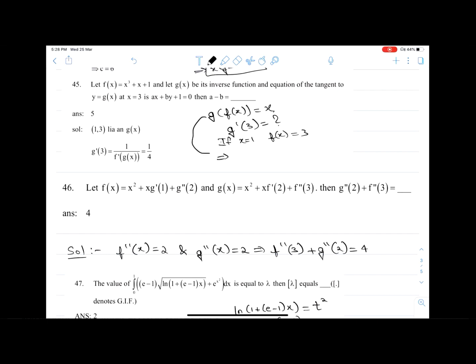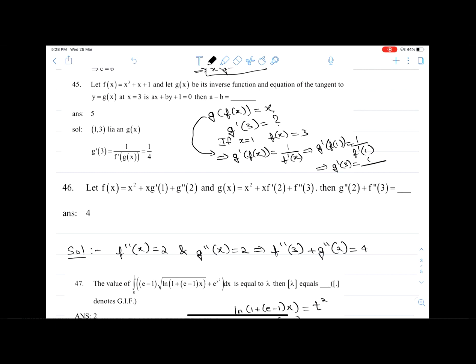And from this function I can write g dash of f of x into f dash of x equal to 1. So this is 1 by f dash of x. So what is g dash of f of 1? 1 by f dash of 1. f of 1 is nothing but 3. So g dash of 3 is nothing but 1 by f dash of 1.